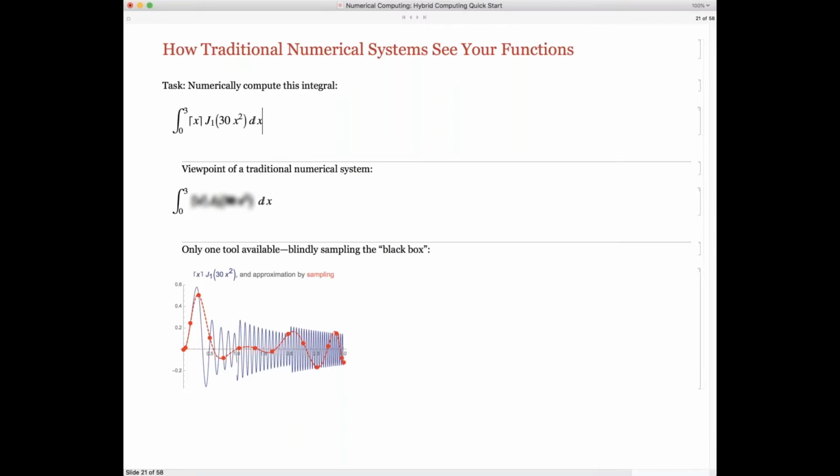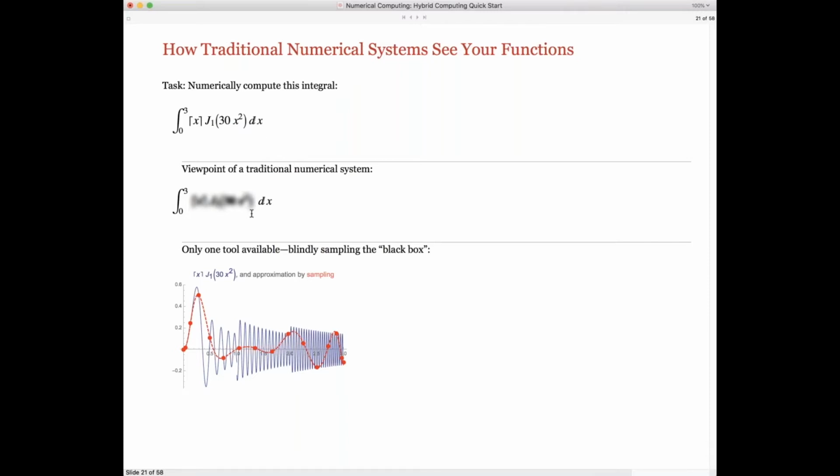code is inside. From the point of view of the traditional numerical system, the function is basically a mysterious black box. And the only thing it can do with the black box is put in values of x and get out the resulting function value. And by doing that, it will try to build up a picture of the numerical problem.